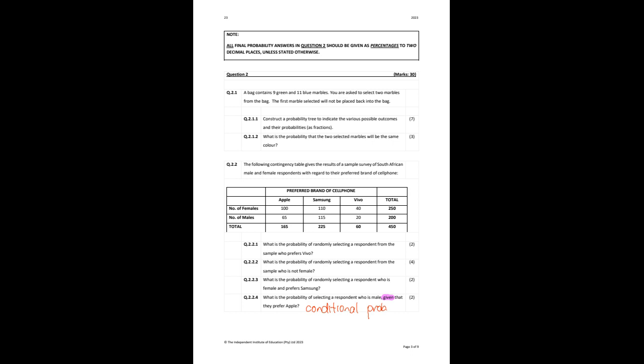So if I said to you, for instance, what is the probability of selecting someone who prefers Vivo, given that they are female, then to answer this, the first thing you need to pay attention to is what is the given. So it says given that they are female.